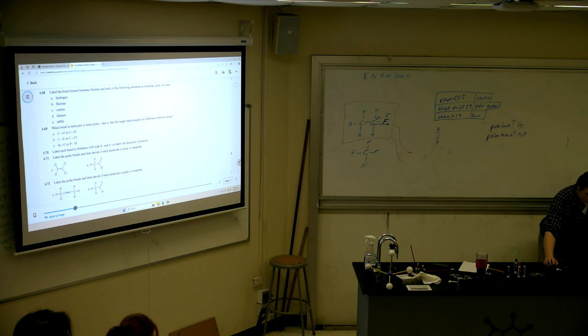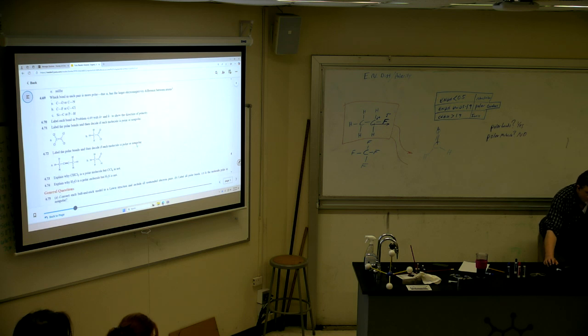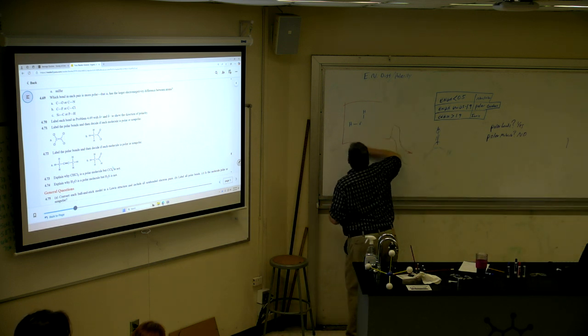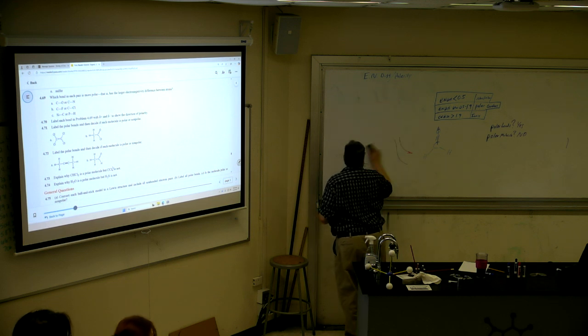Are there any of these? So label the polar bonds and then decide if the molecule is polar or non-polar. Carbon to chlorine. So let me draw that molecule. So you have to look at the overall molecule and think about the symmetry.